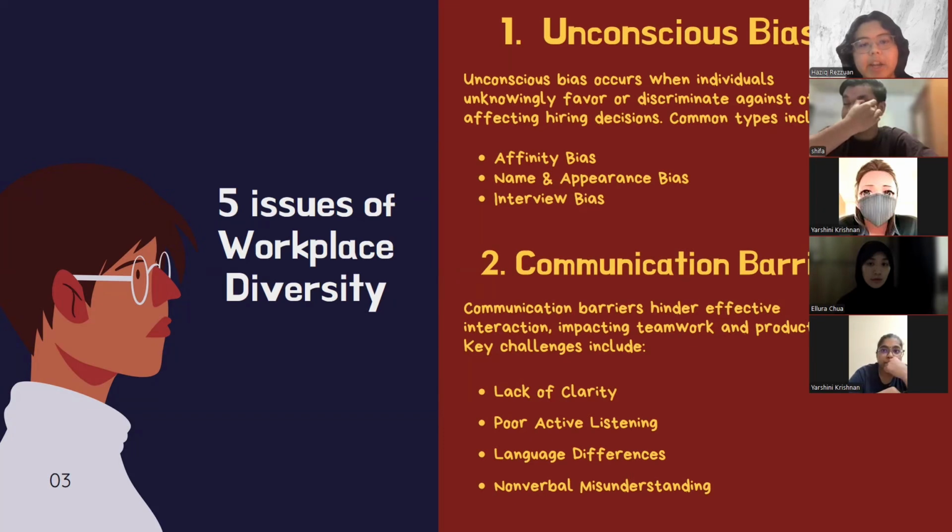In a hiring process, it will influence how recruiters assess resumes, conduct interviews, and select candidates. For example, people with affinity bias would prefer candidates who share similar backgrounds or interests. Bias can also emerge when candidates are judged by their names, photos, or perceived appearance.